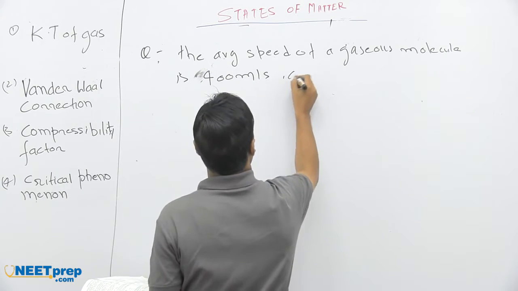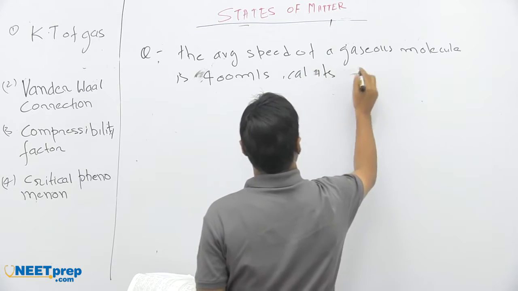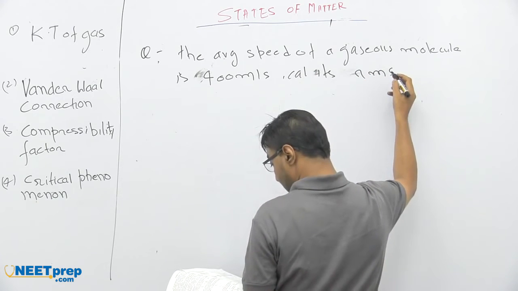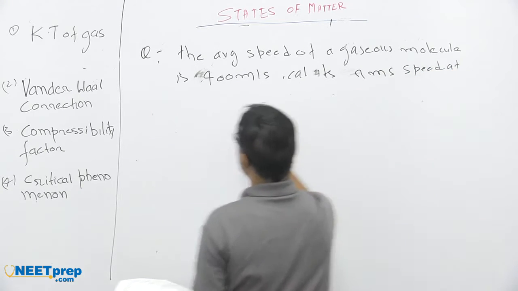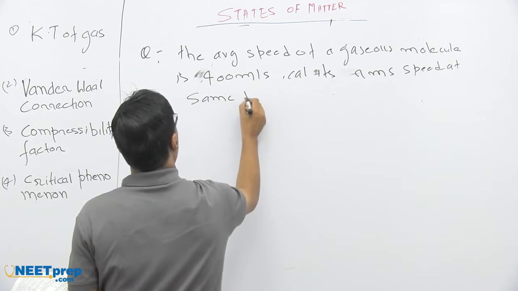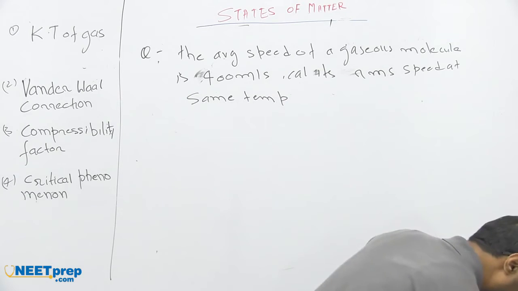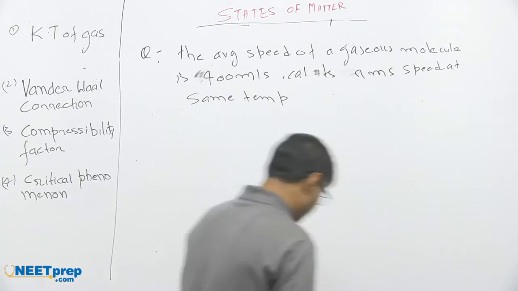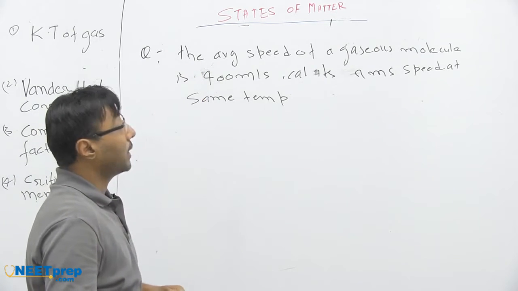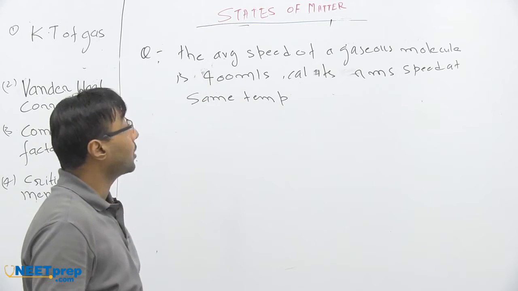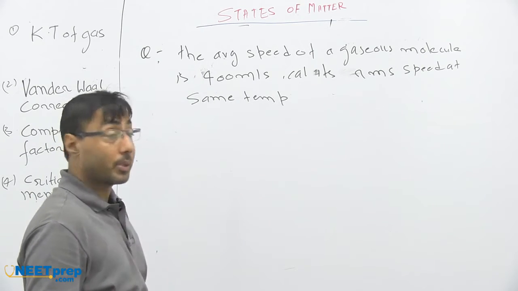Calculate its RMS speed at the same temperature. So the average speed of a gas is 400 meter per second. We need to find out the RMS speed of the same gas at the same temperature.